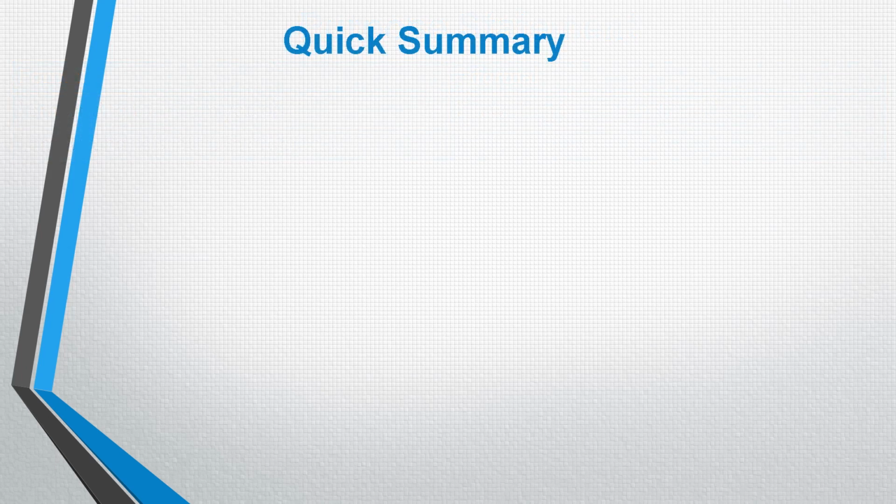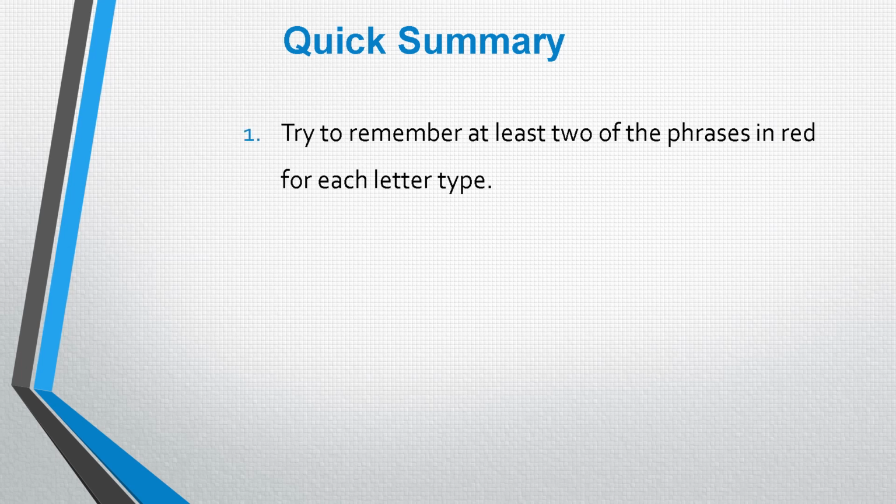Finally then, try to remember at least 2 of the phrases in red for each letter type. This will mean you have enough language to be able to answer effectively any type of question that you are given on the day. Remember to be aware of the tone of your letter, and the tone is created mainly by your choice of words. So for a formal letter, you're not going to use contractions and you're not going to use phrasal verbs.